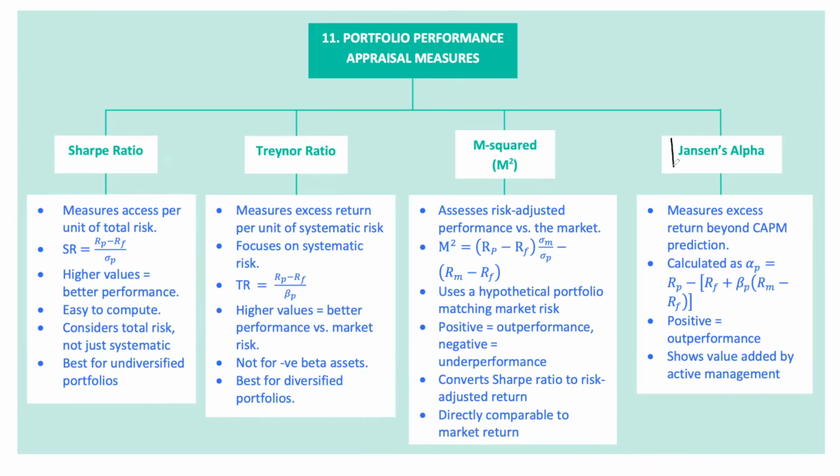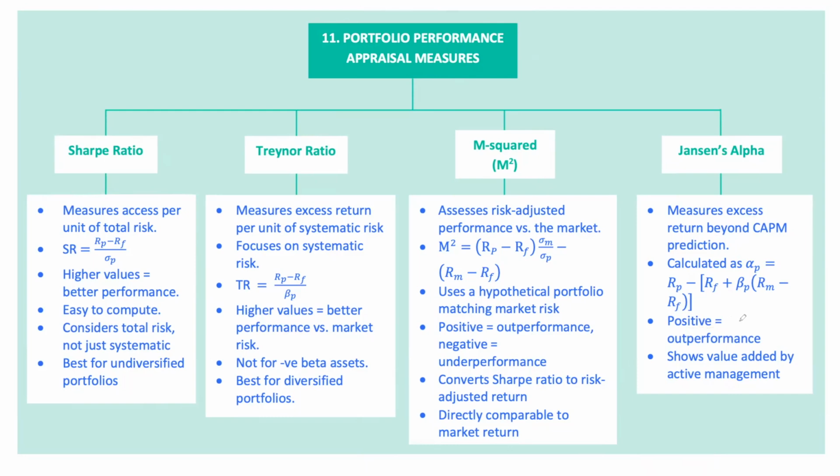And finally, we've got Jensen's alpha, sometimes just called alpha. And this one's the ultimate test of manager skill, kinda manager's report card. It tells you how much the portfolio earned above what the CAPM predicted given its level of beta. So if alpha is positive, the manager outperformed, added real value.